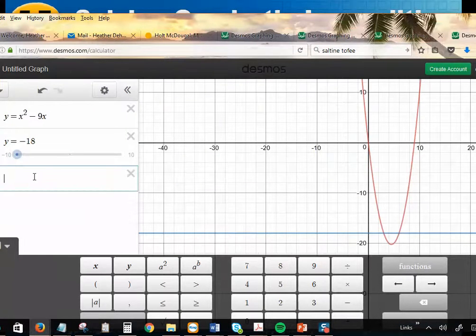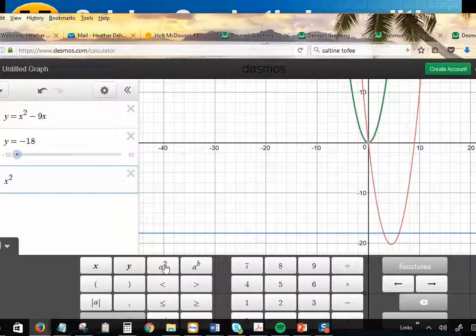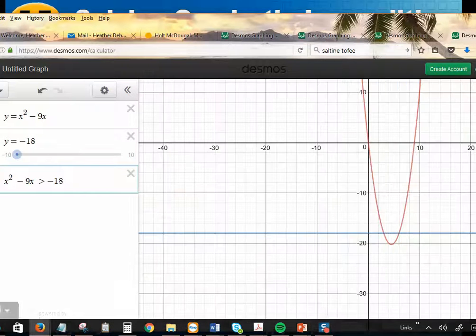That's how the original inequality for the problem was. I'm not going to show this yet. Turn it off. Okay, so this is what the original inequality was.